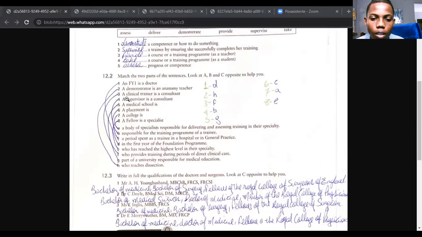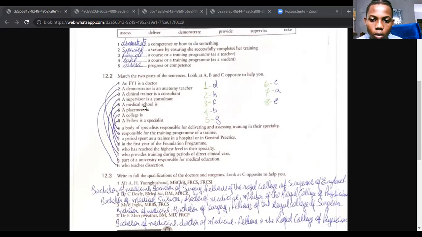And third, a clinical trainer is a consultant, F, who provides training during periods of direct clinical care. Fourth, a supervisor is a consultant responsible for the training program of the trainee.